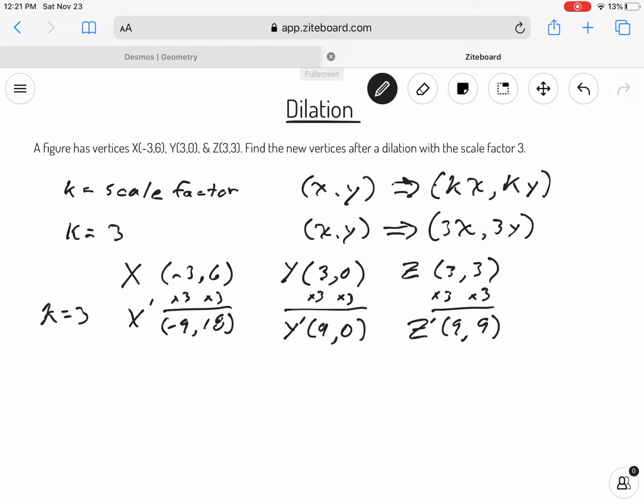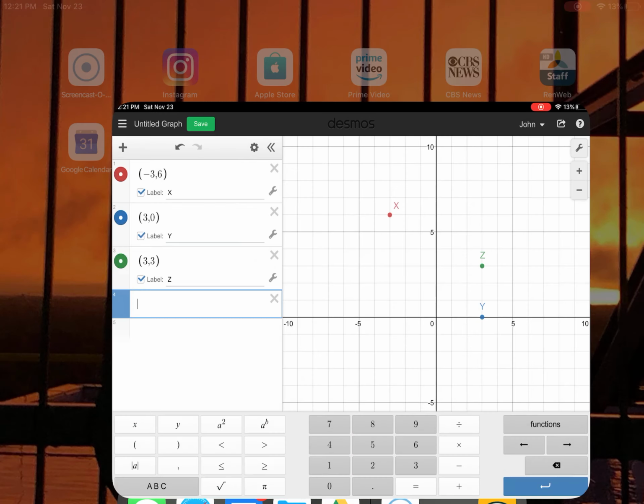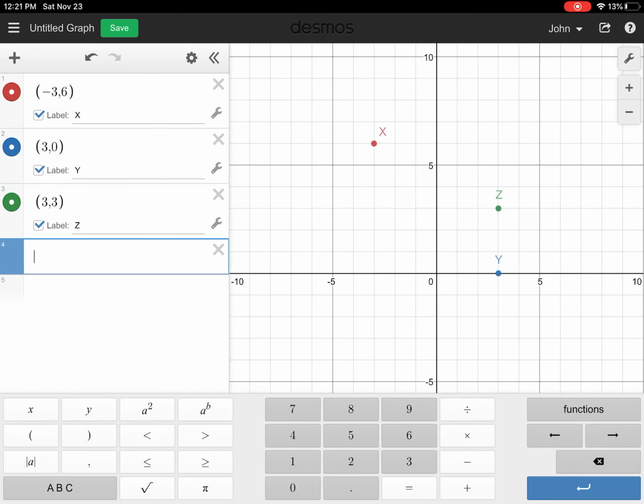Let's see what that would look like on a graph. So I'll go to Desmos, and I've plotted the original points, x, z, and y, and I need to enter in my new points. Okay, so my new x prime, we said was going to be -9, comma 18.